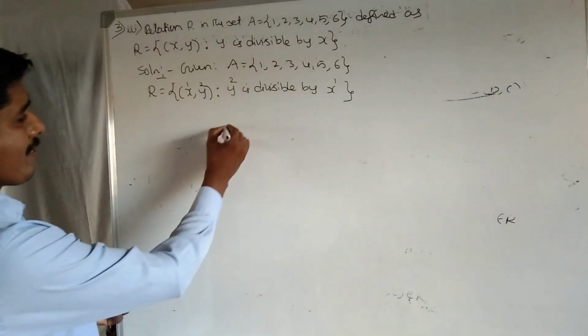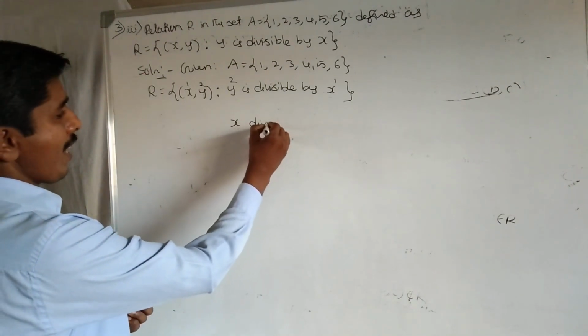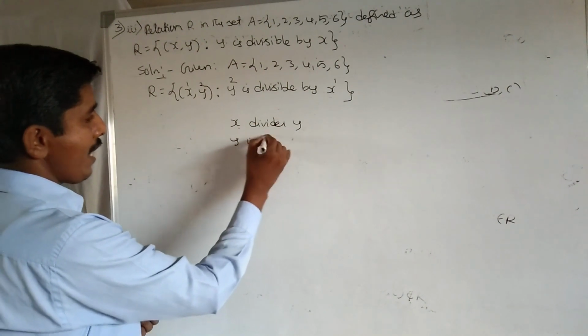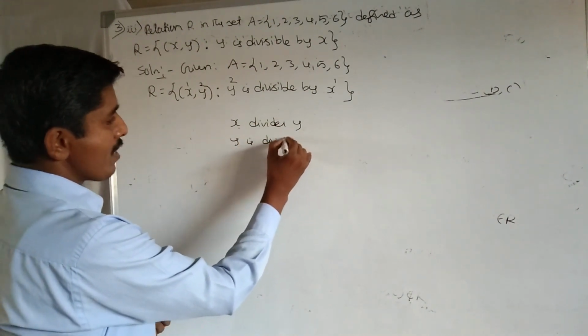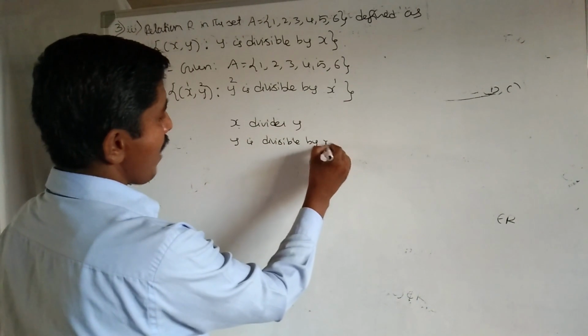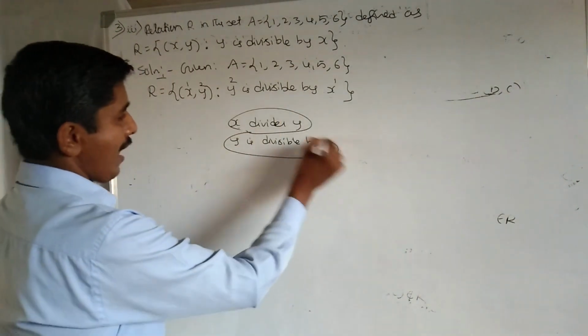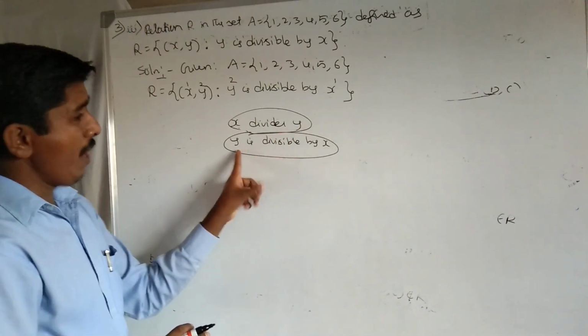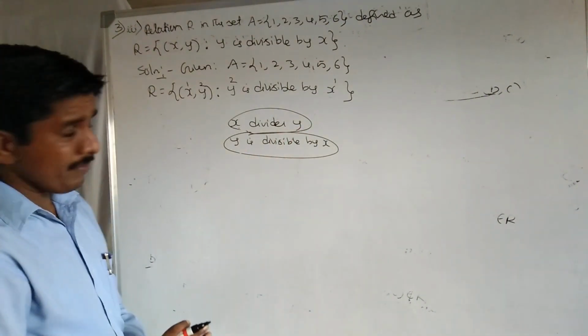Or you can write like this: x divides y. X divides y or y is divisible by x, both are the same.